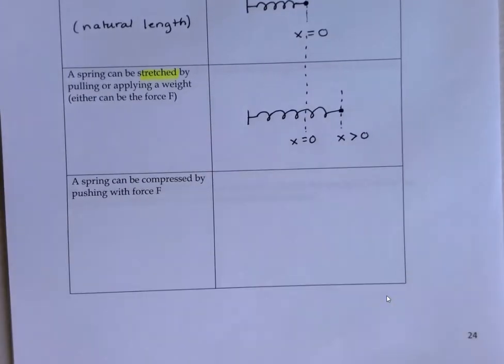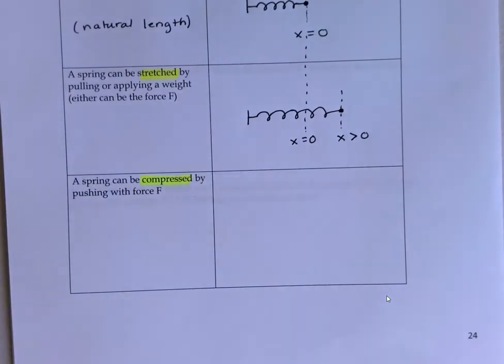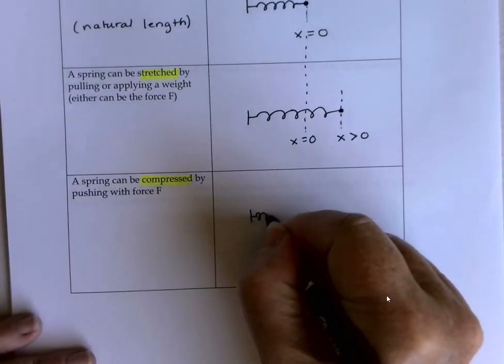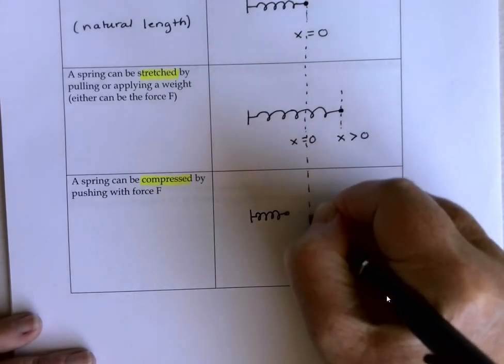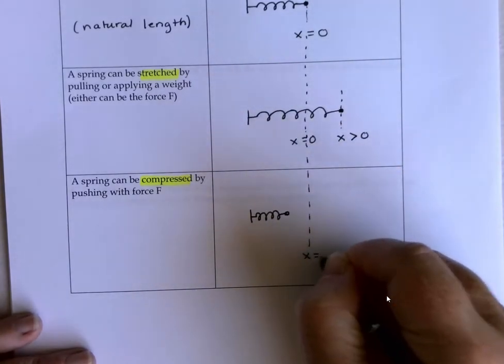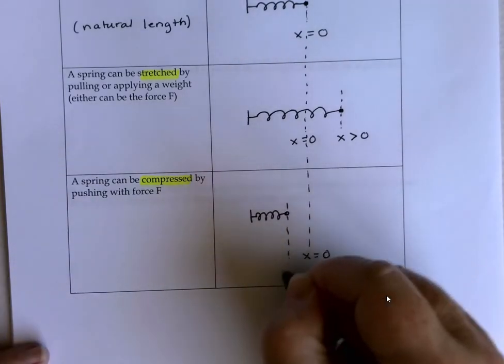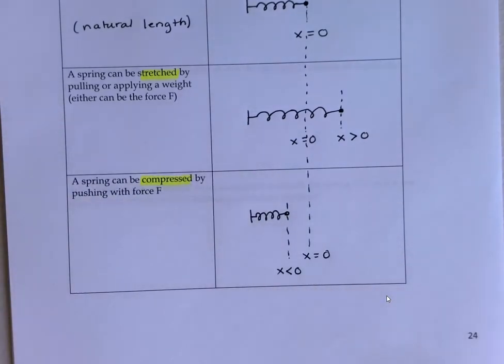If we compress our spring by pushing with some force F on it, the spring, of course, gets shorter then. And so if x equals 0 still represents the natural length, this x value would be negative. So a stretch is a positive x value, a compression is a negative x value.